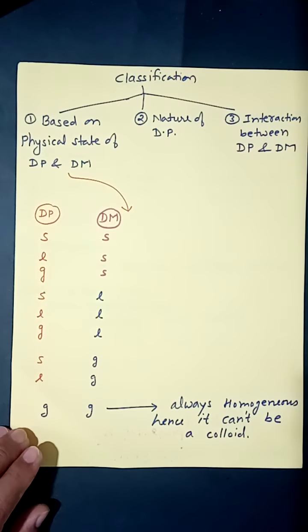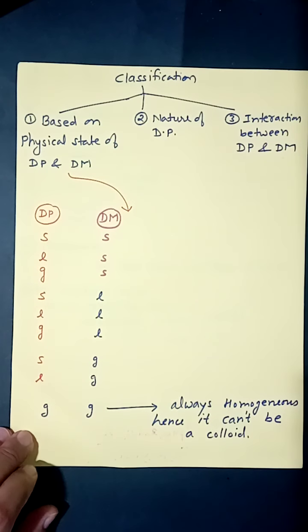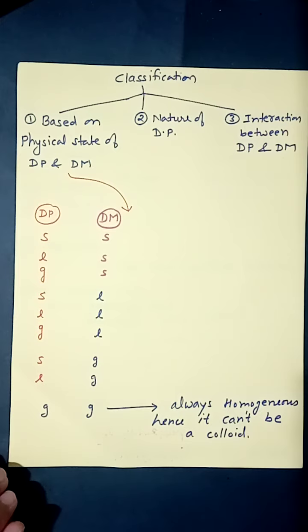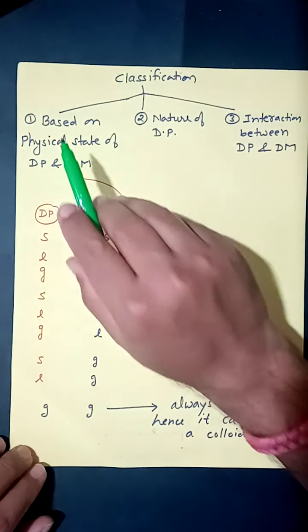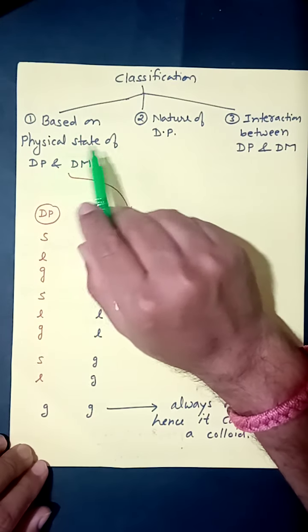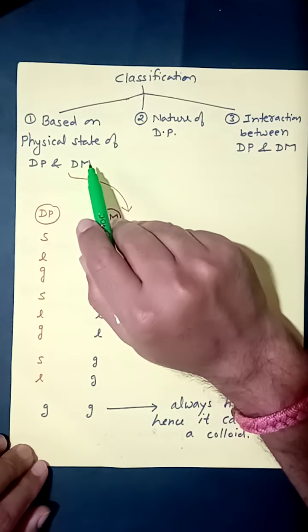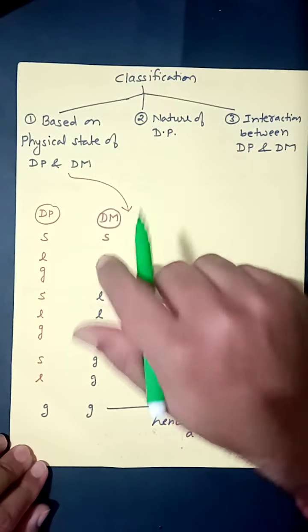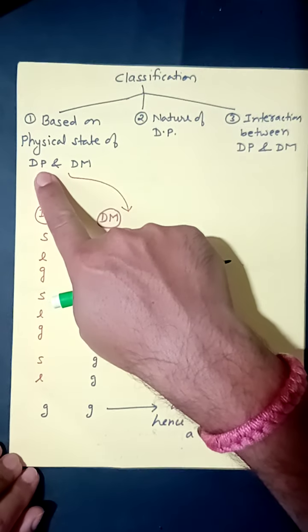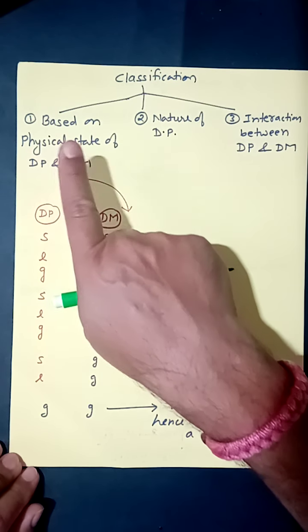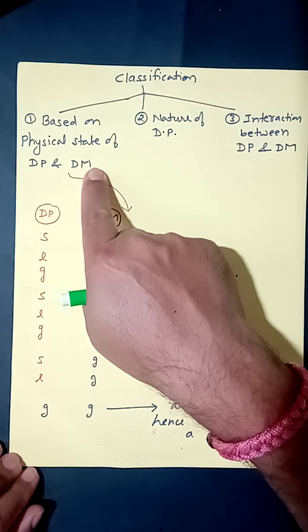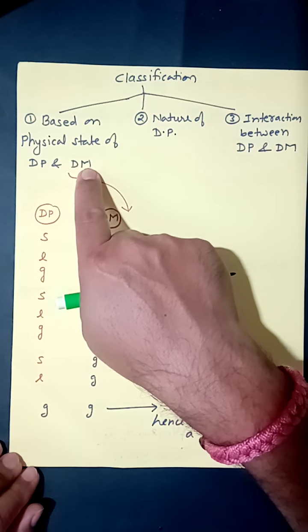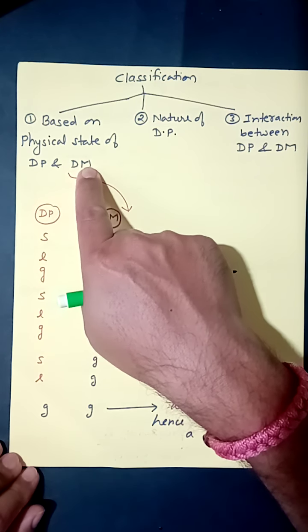So just look here, how can we classify colloids? There are three important classifications of colloid. The first is based on physical state of dispersed phase and dispersion medium. Before further study, you should be able to remember the meaning of dispersed phase and dispersion medium. Dispersion medium is just like solvent.